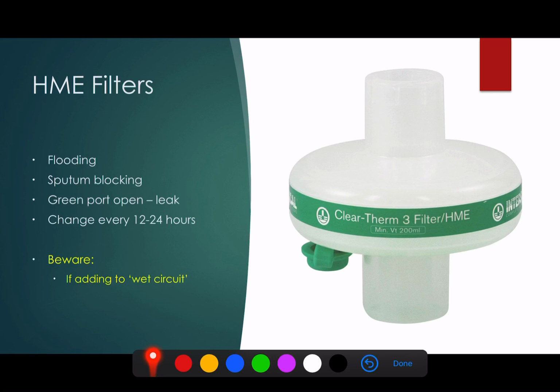Now, most of these HMEs have a little green port here, and the reason for that is that in anaesthesia we connect it up to a gas analyzer, usually a CO2 and volatile gas analyzer. Sometimes this can get dislodged open, and that can provide a leak out of the circuit. So if you start to see your bellows start to drop, always have a think about this green cap here. Has it accidentally come off when people have been manipulating the tubing?